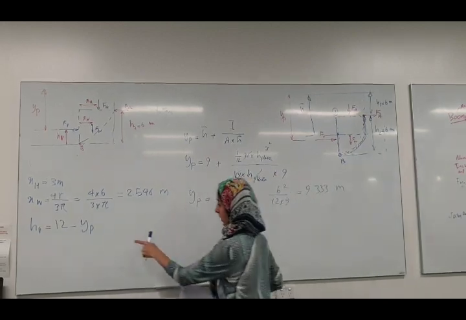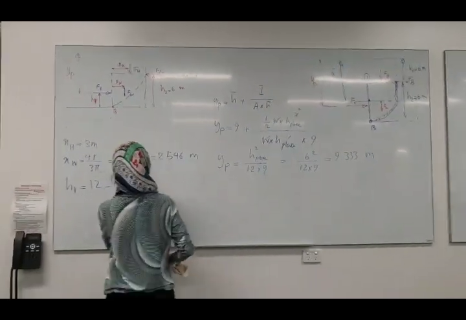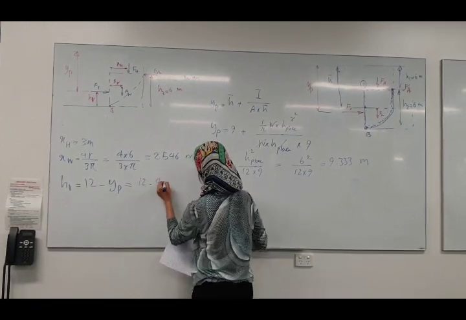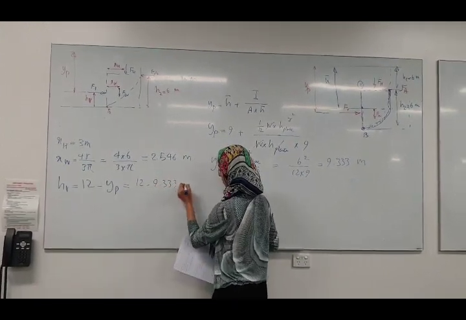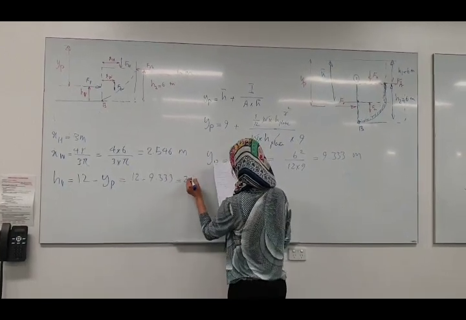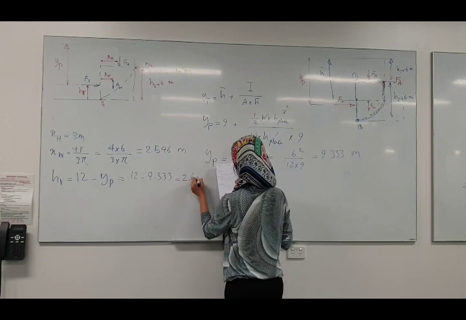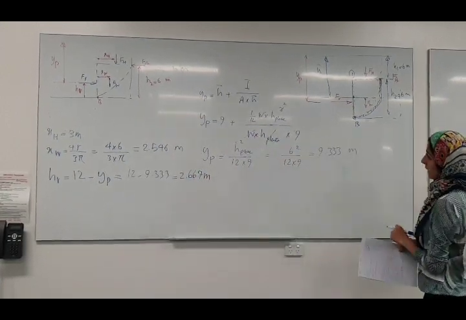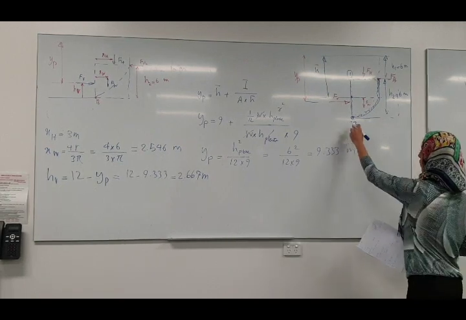If we put it here, it gives us HV equal to 12 minus 9.333. So the vertical distance will be about 2.67 meters.